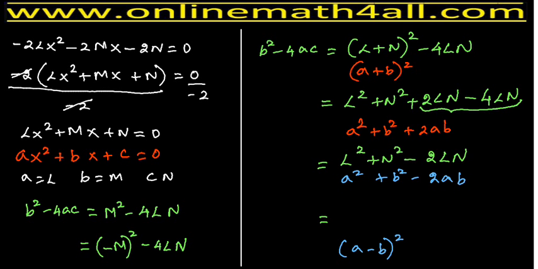So instead of a in our problem we have l, in the middle we have negative because in the identity we have a negative, and instead of b we have n, so we get l negative n the whole square. So we get b square negative 4ac is equal to l negative n the whole square. Okay, let us proceed to the next step in our next page.